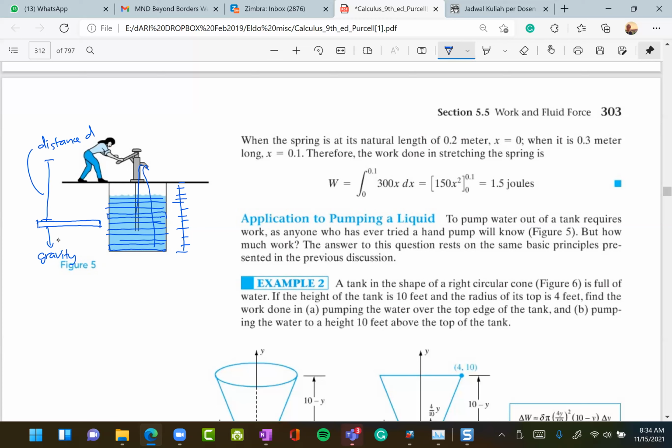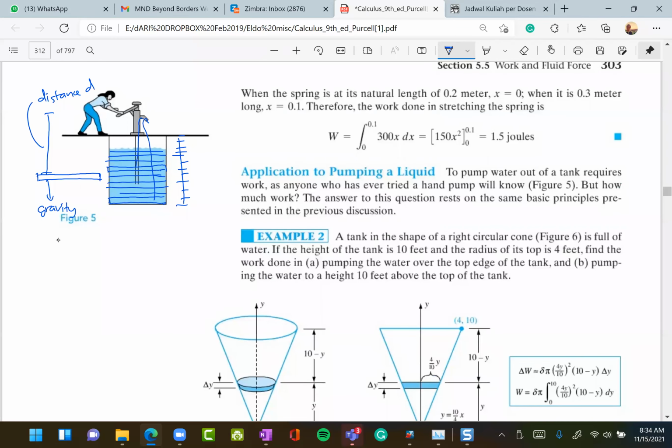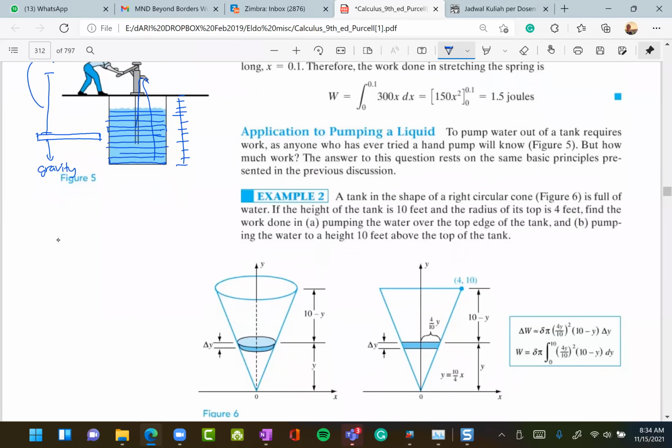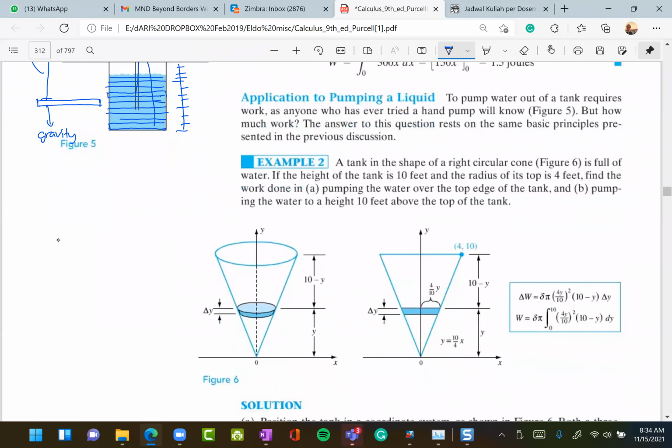And you sum them up, and when you take the limit, that's the integral. So that's the idea. Okay, let's do this example.